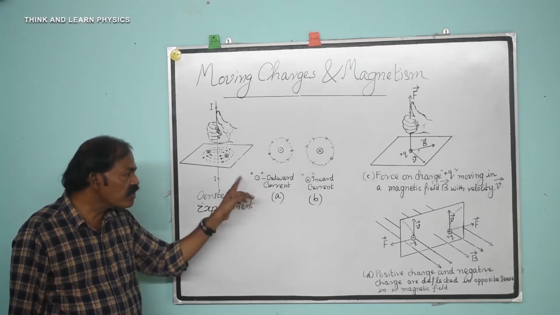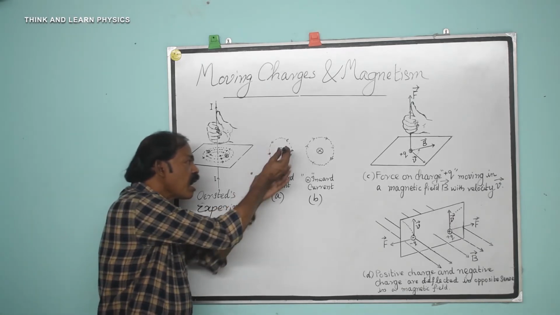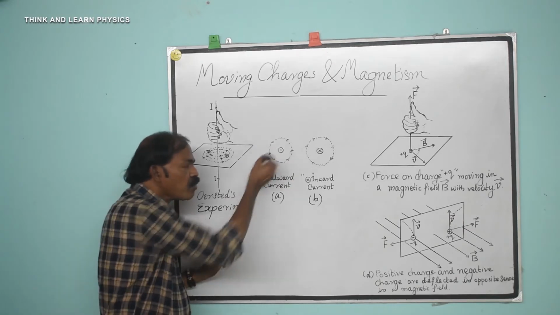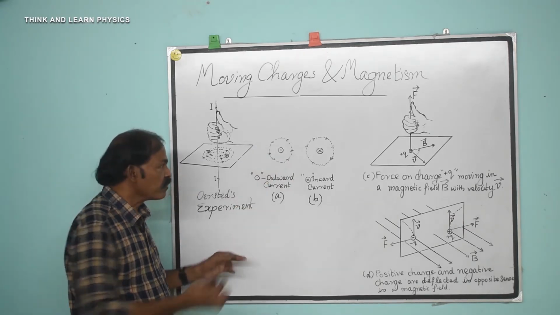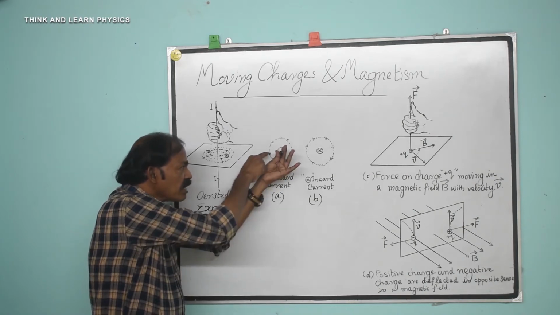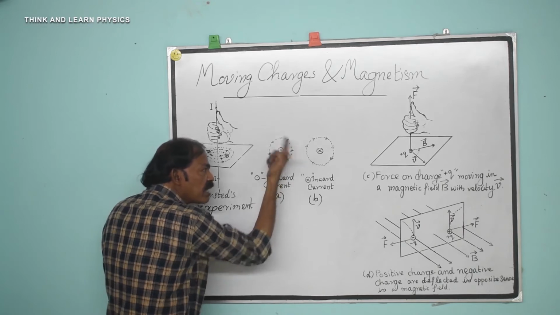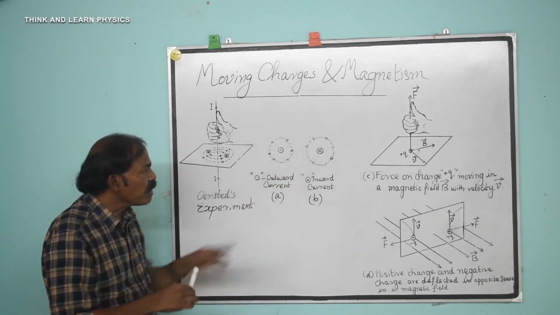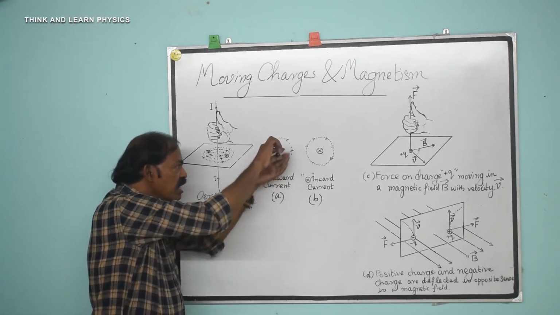Now this circle with the dot at the center shows a current flowing in the upward direction. That means outward from the board or outward from the plane of the paper, like this. If current passes in this direction, then the magnetic field will be like this. The magnetic field will be anti-clockwise if the current is towards us.